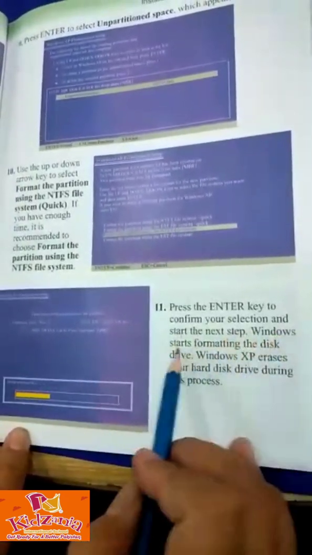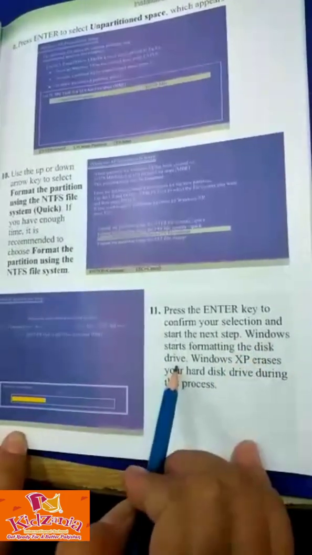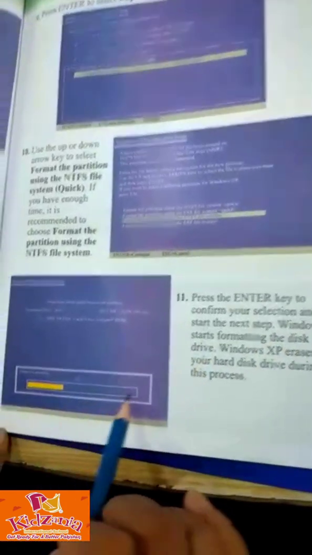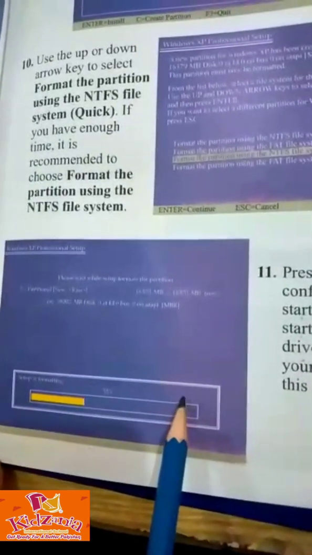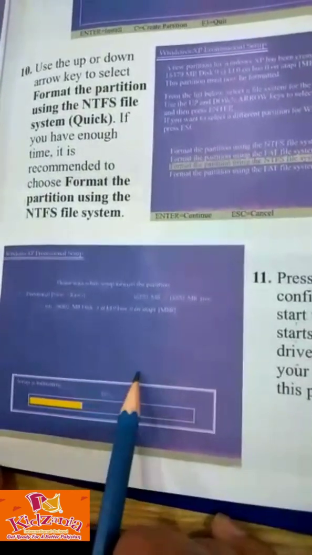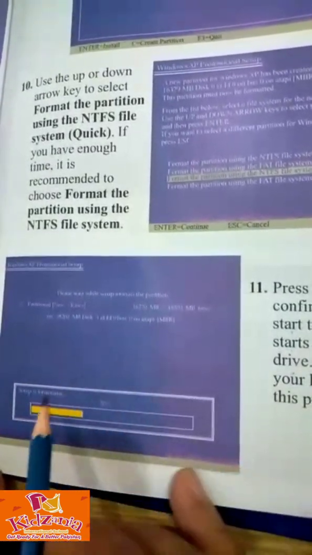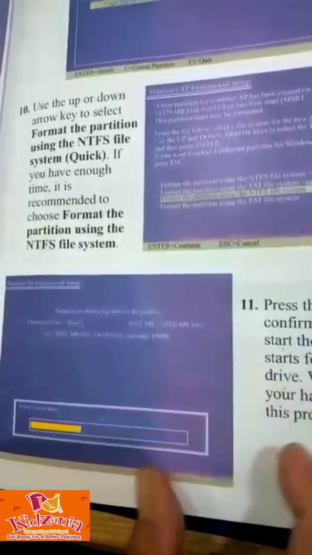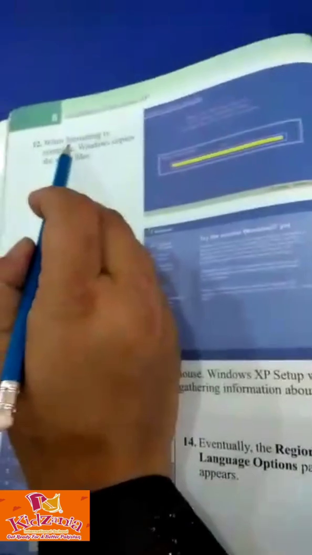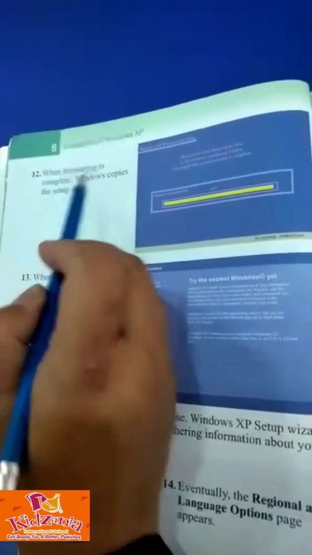Next step, Windows starts formatting the disk drive. Look at this picture. As you can see in the picture, setup is formatting. When formatting is complete, Windows copies the setup files.